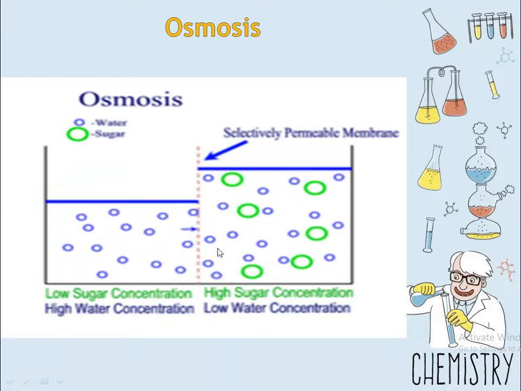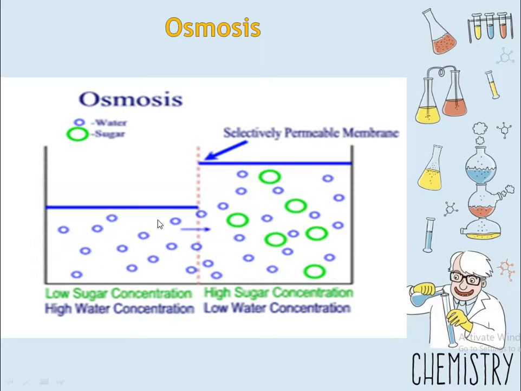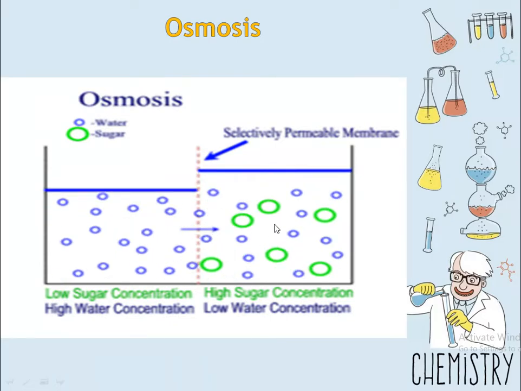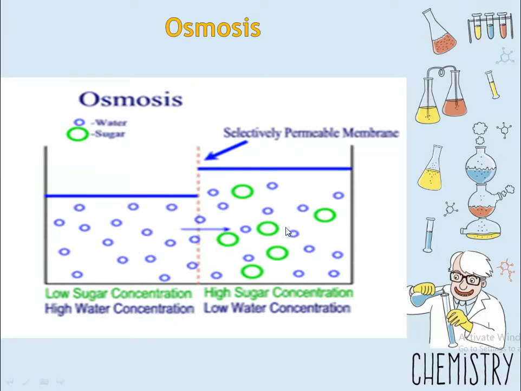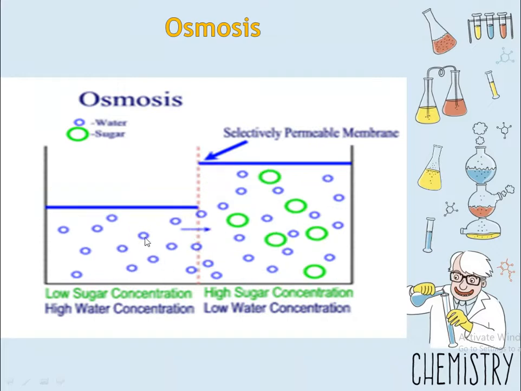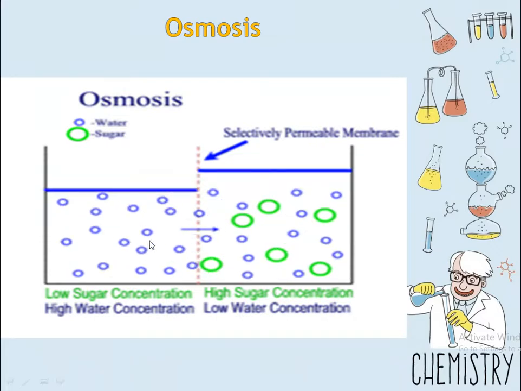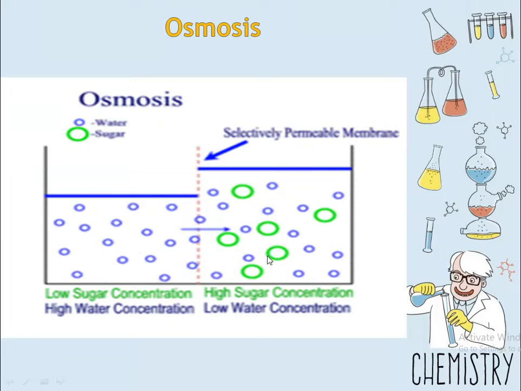We can also say that in this part there is only water molecules, and in this part there are solute and solvent molecules. This part is low concentrated and here it is more concentrated.